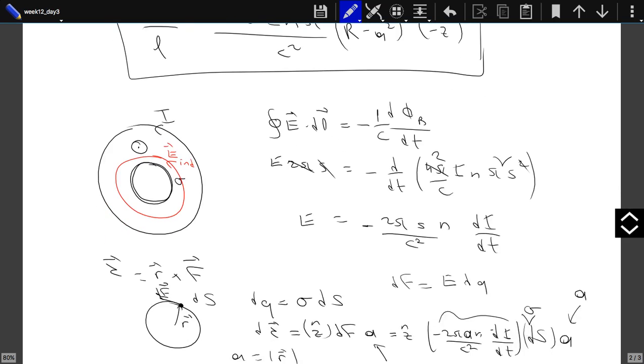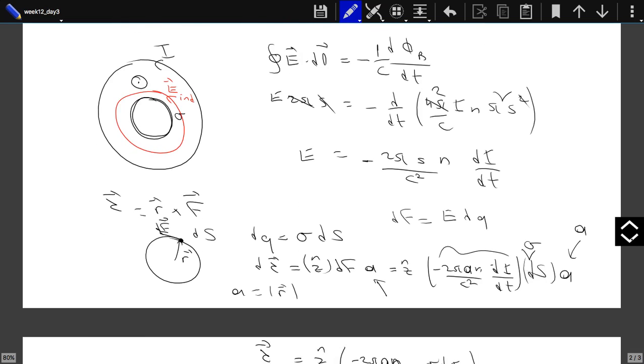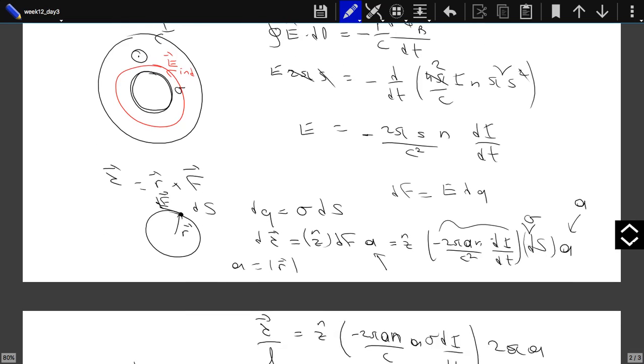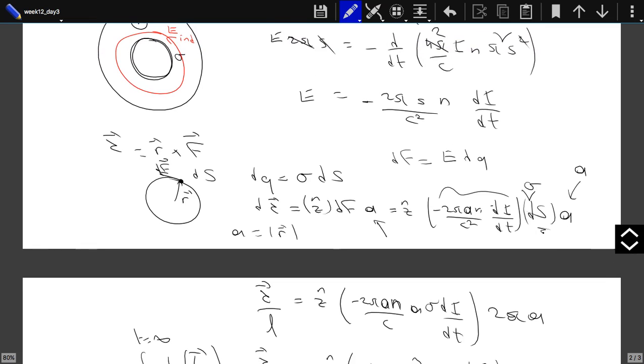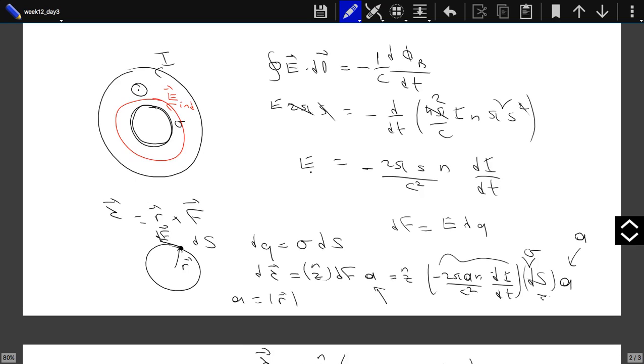Let's look at the induced electric field case. Now the area is 2 pi a times height L. We divide by L. So there we have a 2 pi a. In the electric field, we have a 2 pi. So is this correct?